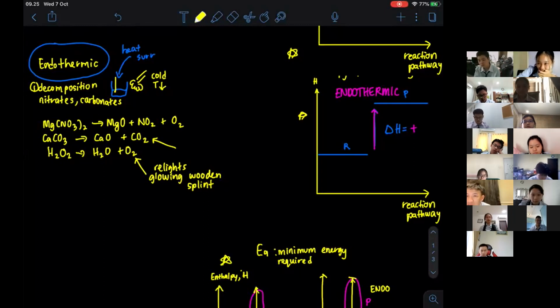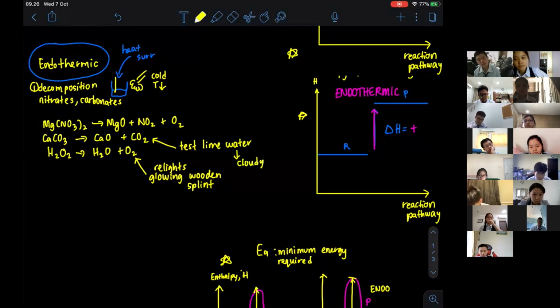Quicklime or lime water? I forget. Lime water, I think. Okay, it's lime water, not quicklime. So you test with lime water. If you test with lime water, the lime water changes into cloudy or milky.